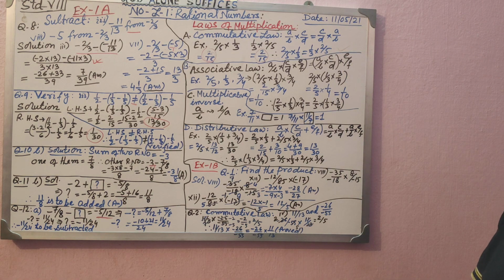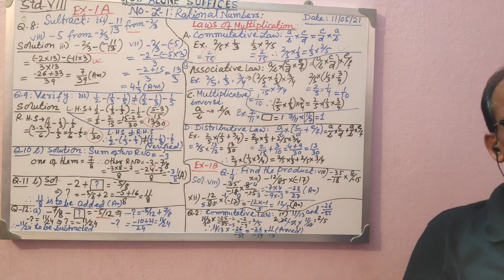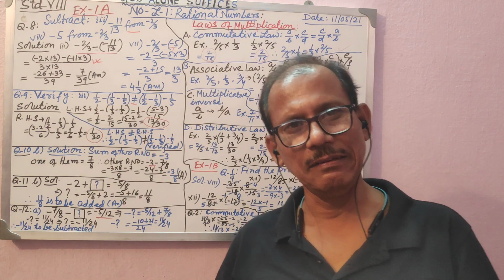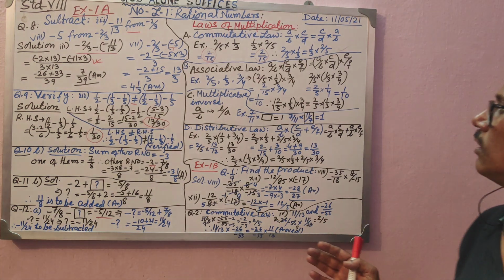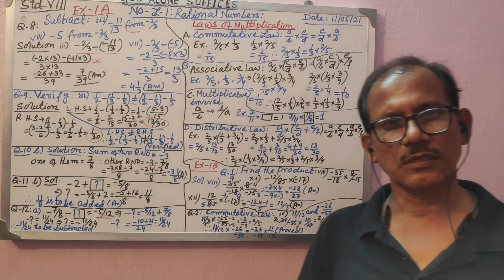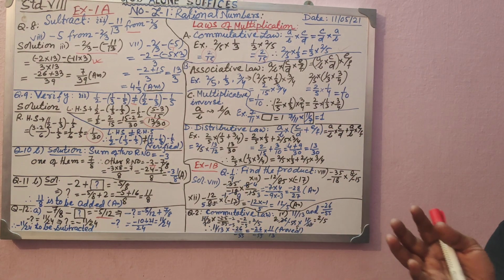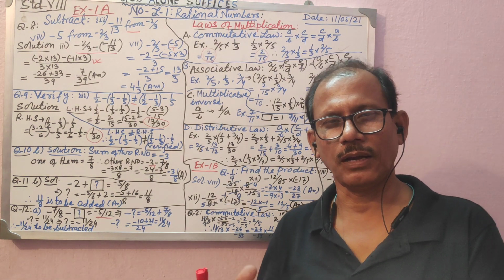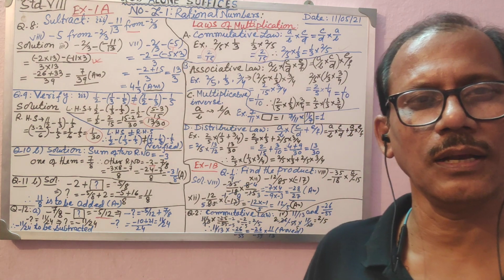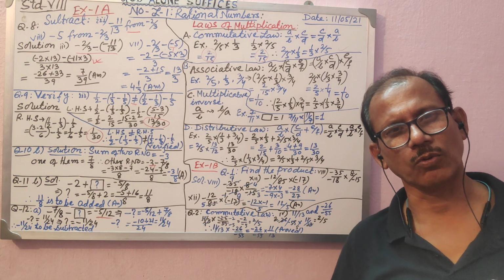Moving on to the associative law. Associative law means that if you take three rational numbers a by b, c by d and e by f, then if you first find out the product of the second two rational numbers and multiply that with the first rational number, and if you find out the multiplication of the first two rational numbers and multiply that product with the third rational number, the product will be the same.